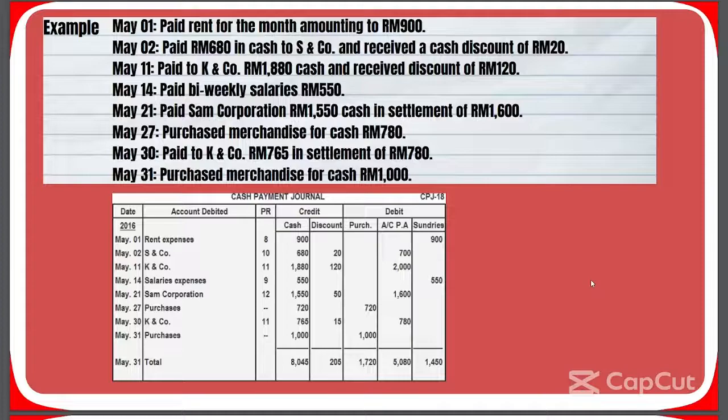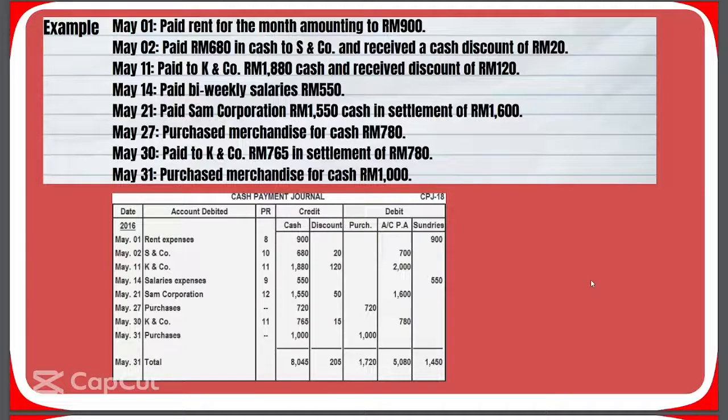And 30 May paid to KNCO 706 ringgit in settlement of 708 ringgit. Last date, 31 May purchased Mercedes for cash 1,000 ringgit. Okay, now you can enter into the table, the cash payment journal.